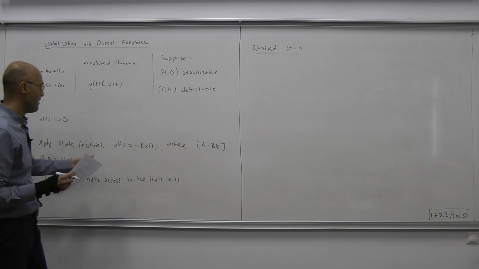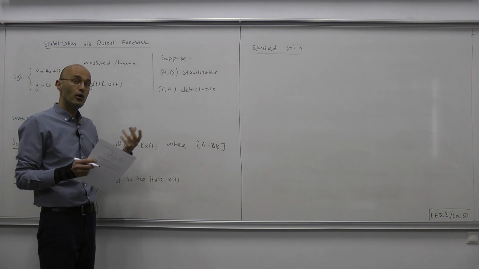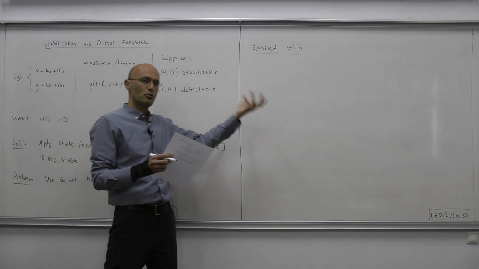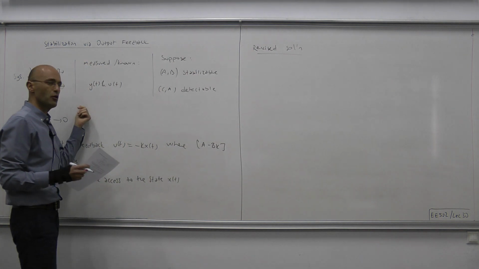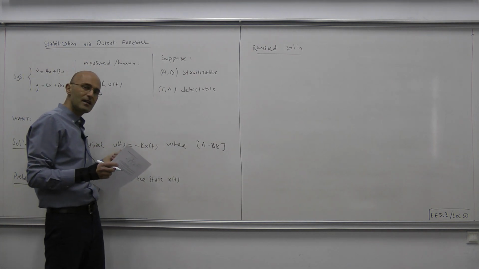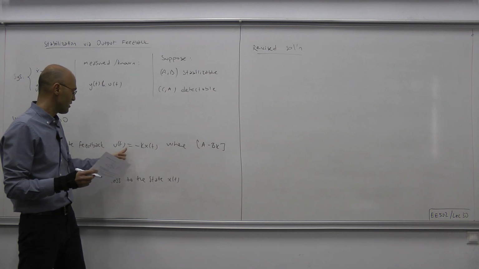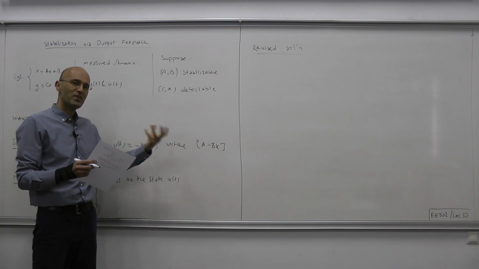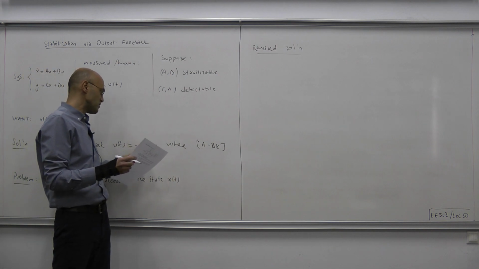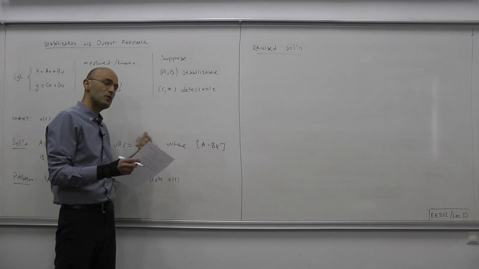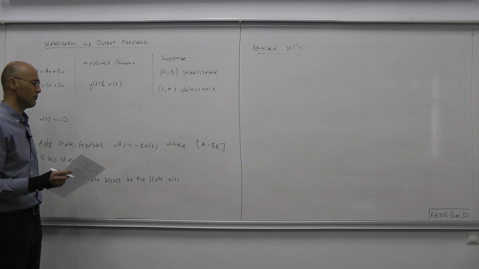So since we don't have direct access to x of t, perhaps we can construct an observer. That observer produces an estimate of the state x hat of t, and instead of driving the system with u equals minus K x of t, because we cannot do that, we drive it with minus K x hat of t. Instead of x, we use the estimate of this state.